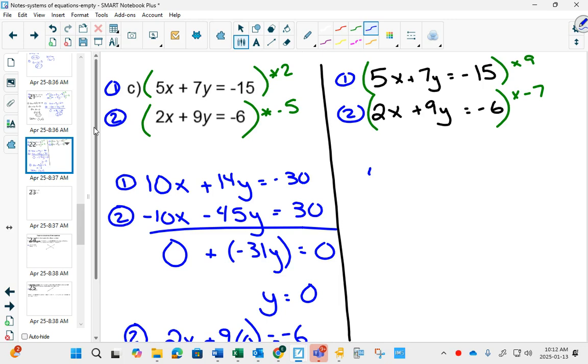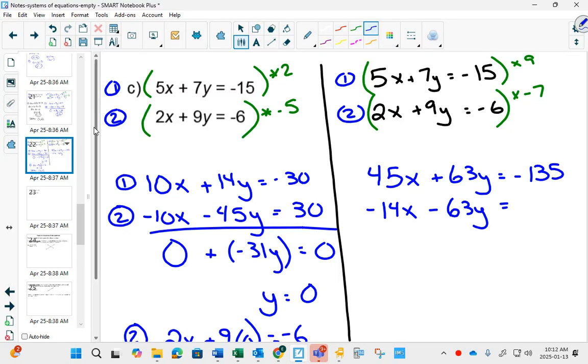But 9 times 5 is 45x plus 63y equals -135. Yeah, the numbers are really not as nice. And multiplying this by 7, I would get -14x minus 63y equals +42.